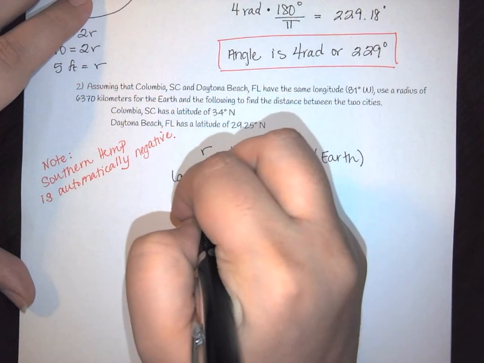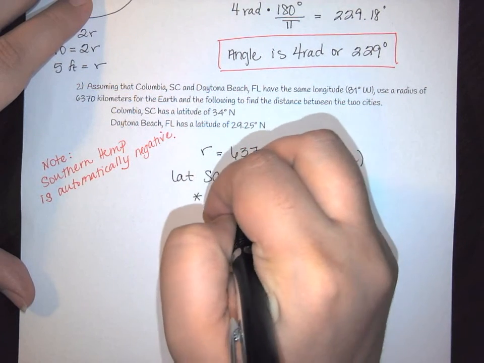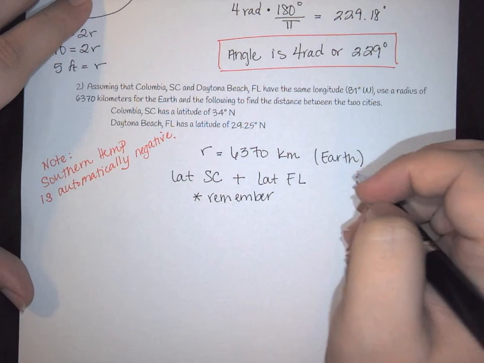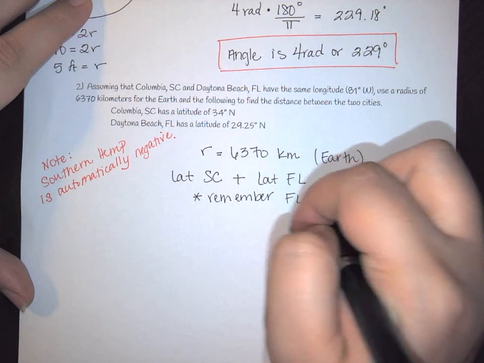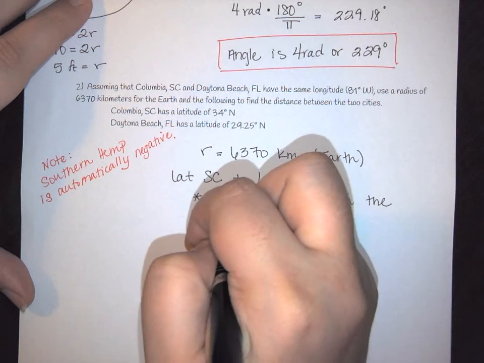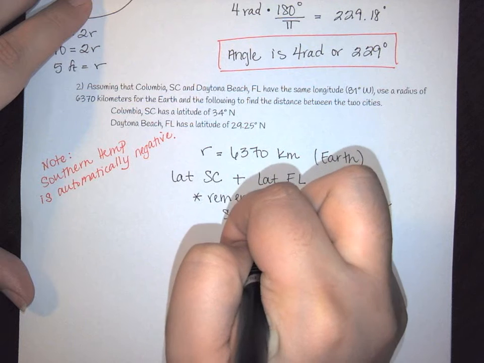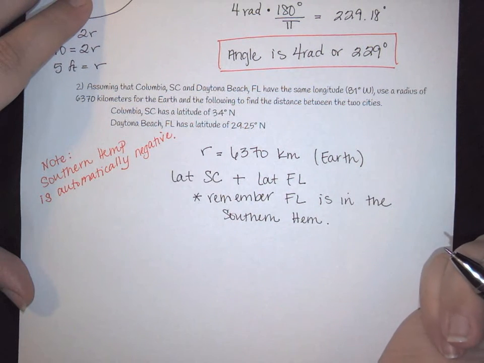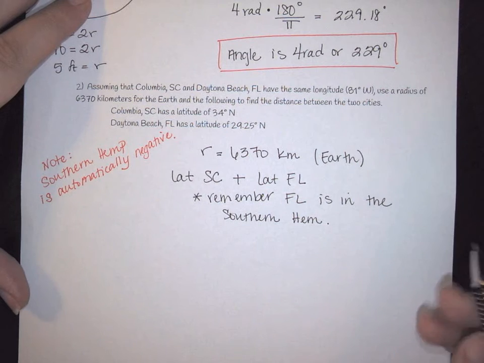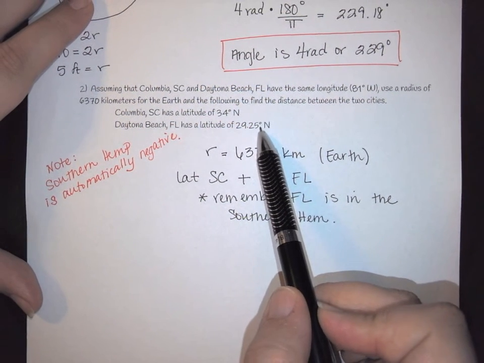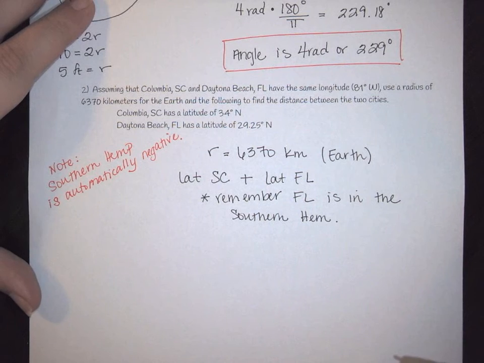However, we need to remember that Florida is in the southern hemisphere. So that being the case, when we say 29.25, we're really talking about negative.